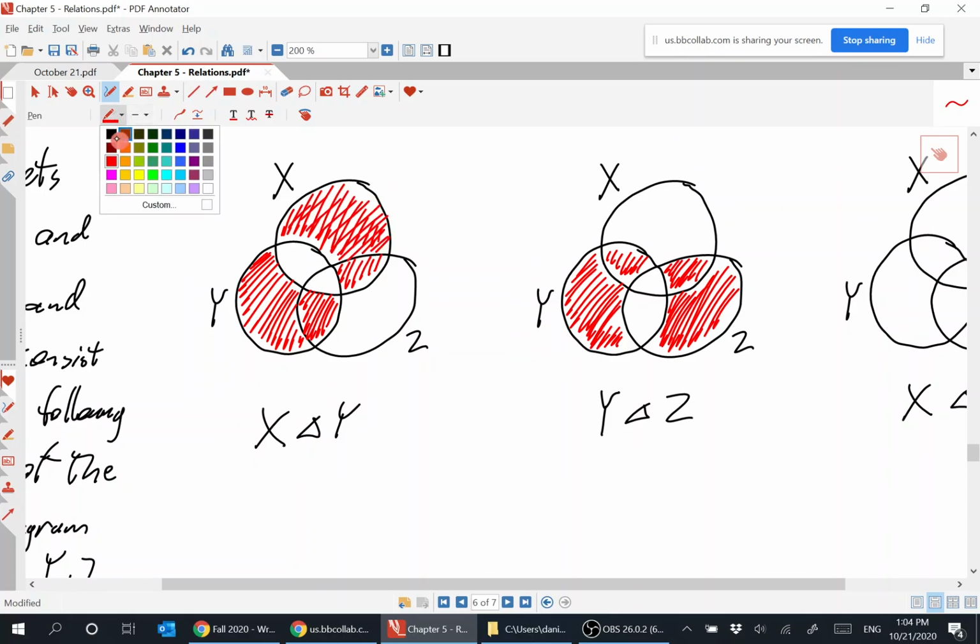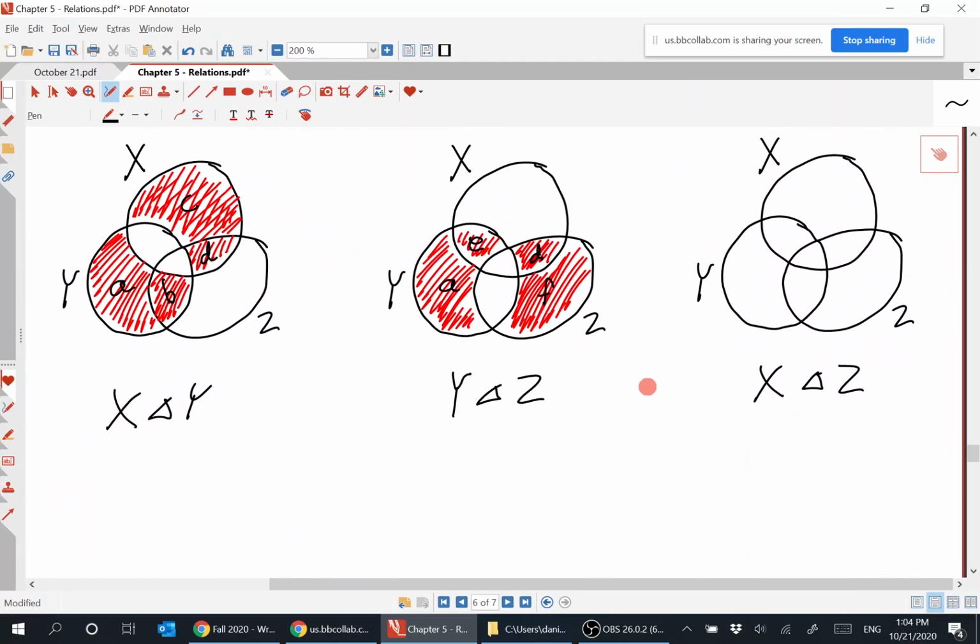All right, so we'll call this A, B, C, D. So this one is A. That's the only one shared. Then we'll call these E and F, like that.